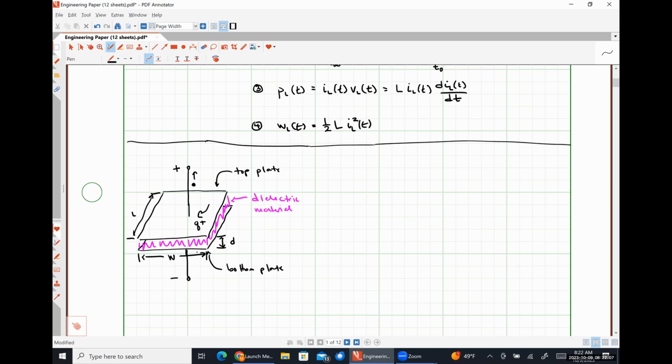We would also see the exact same amount of charge, but of opposite sign, accumulate on the bottom plate, because this has to be a balanced system, because of the law of conservation of charge, right? So if we're accumulating positive charge on the top plate, we have to be accumulating negative charge on the bottom plate, such that the total charge on the capacitor has to equal 0. Charge has to be conserved.